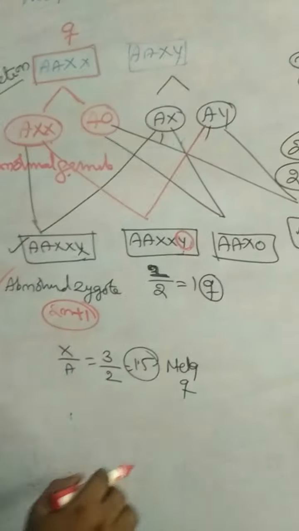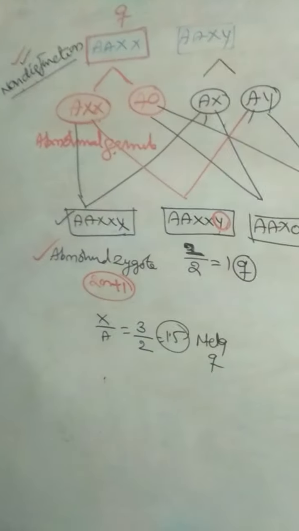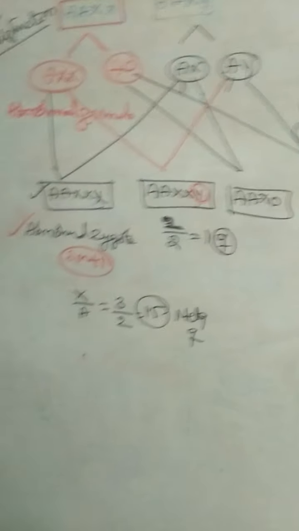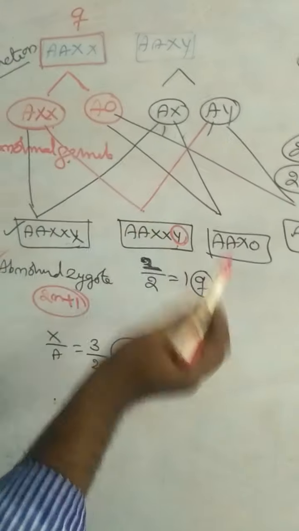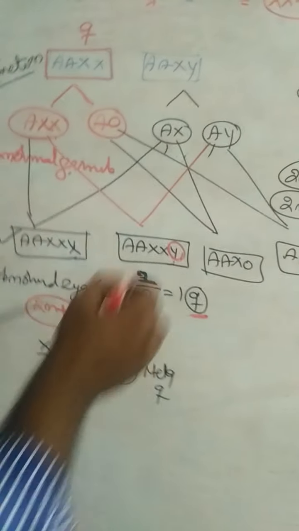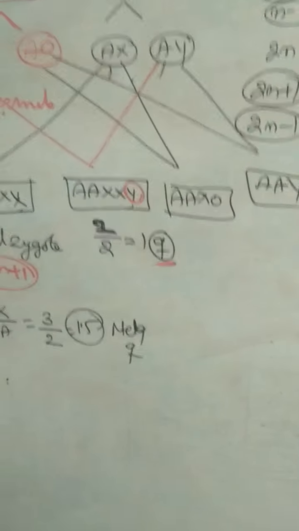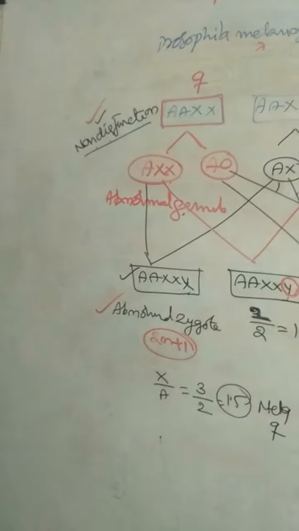But according to Bridges theory, the Y chromosome does not play an important role in sex determination. That means there is no value for the Y chromosome. So in this combination, if Y is present, it is a female, not a male. Why? Because of abnormal gametes, due to non-disjunction.